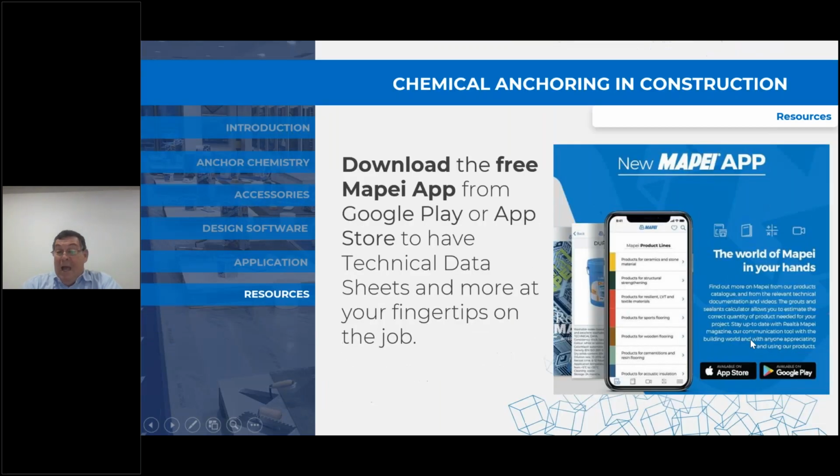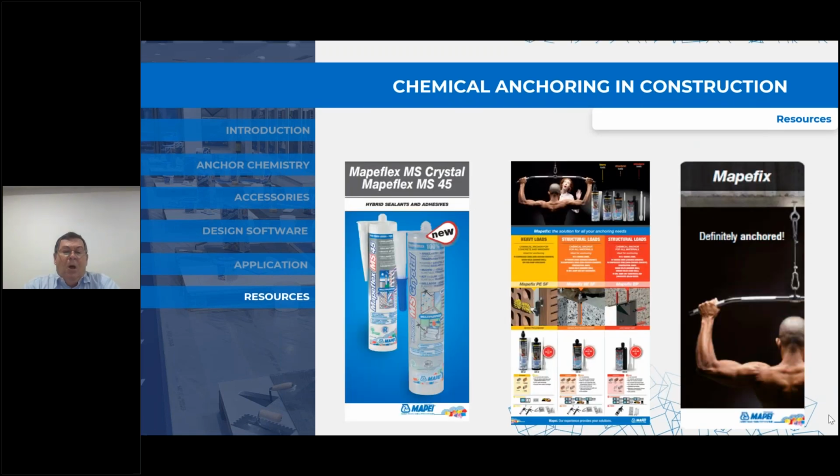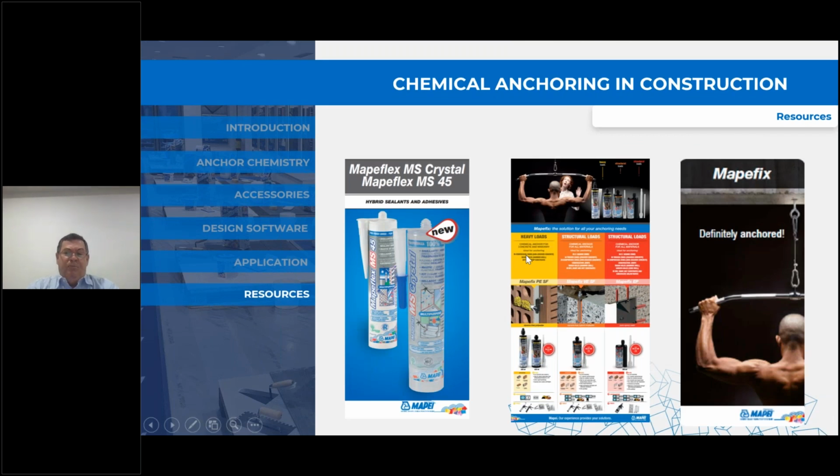There's also the Mapei app that you can get for your smartphones and for your smart devices, both the Apple and Android applications, and that can be easily downloaded from the App Store or Google Play. And there's also a whole range of different brochures that can be used as a point of sale, but also just as a general overview of the different products. So these are also easily obtainable from your retailer and at the point of sale.